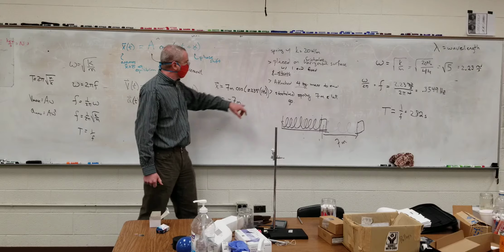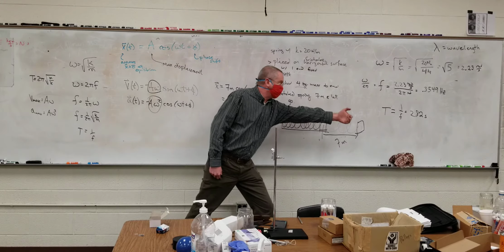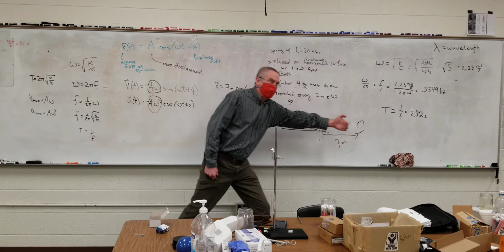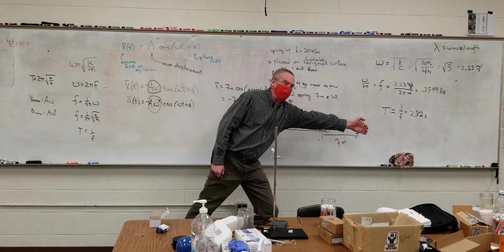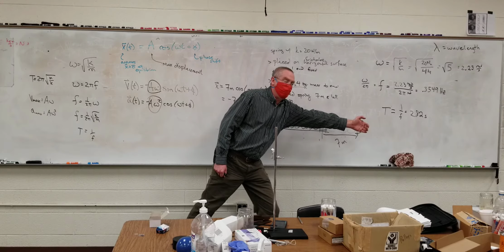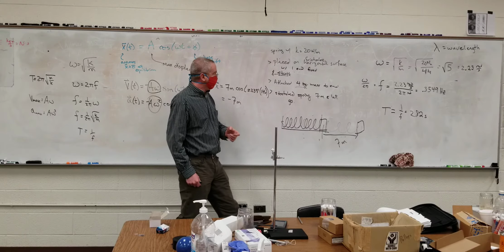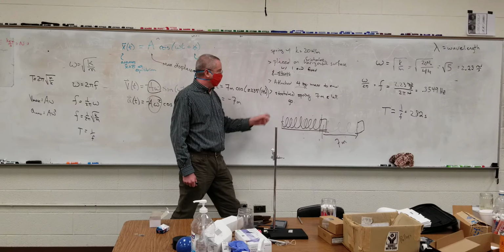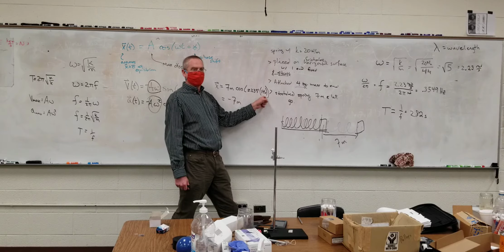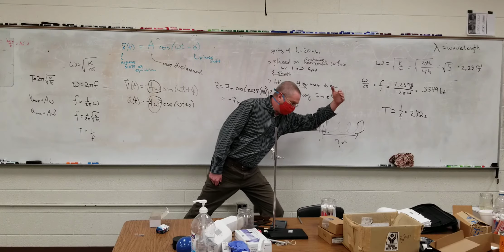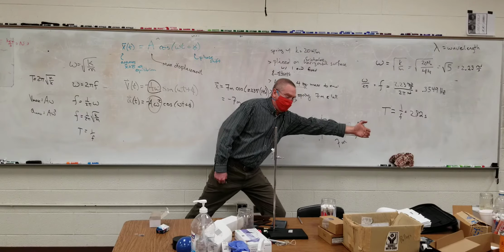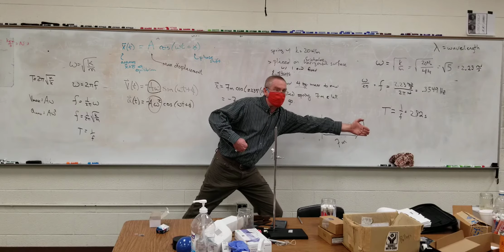But recognize what I asked here. So it starts here. It takes 2.8 seconds to get all the way back to here. 1.41 seconds was when it was over on this extreme. And now I've asked for half that. I just did half. The 0.705 comes from half of that. So at 0, it's out here. At 1.41 seconds, it's at the other extreme.